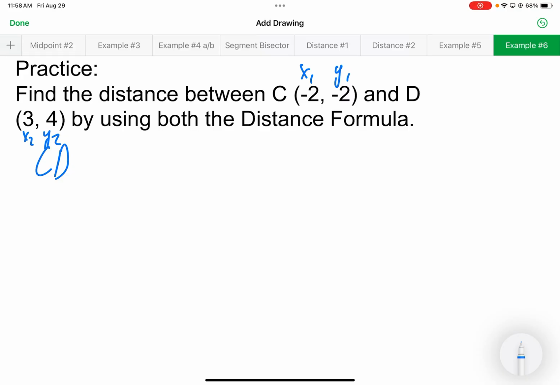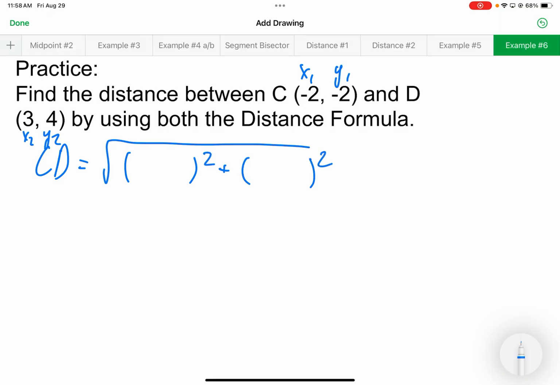I look at which X value is furthest to the left. Whichever one is furthest to the left, that's the one I label as X1, Y1. But I'll put it this way. As long as you are consistent with how you pick your numbers, it doesn't matter. When it comes time to put them into my formula here, I'm going to do the difference of two numbers squared, plus the difference of two numbers squared.